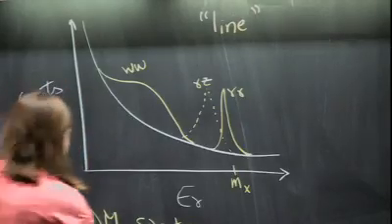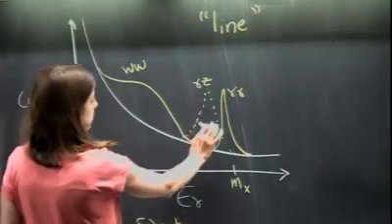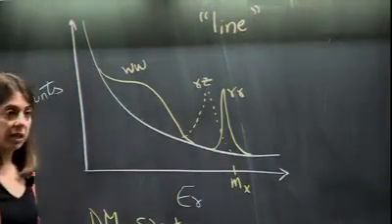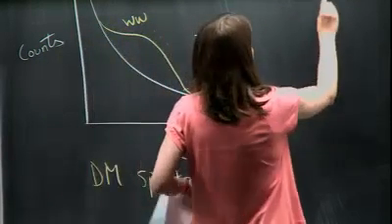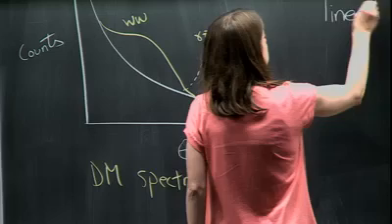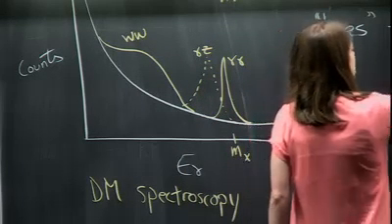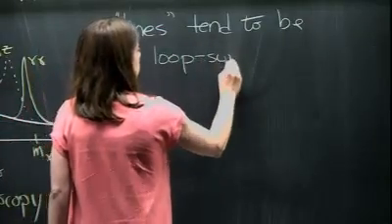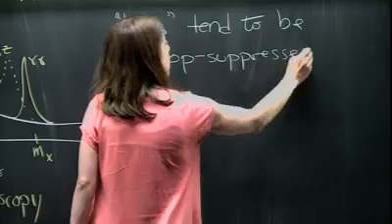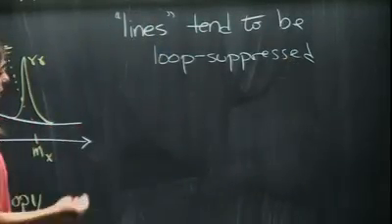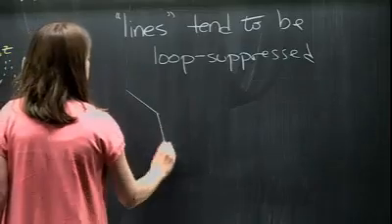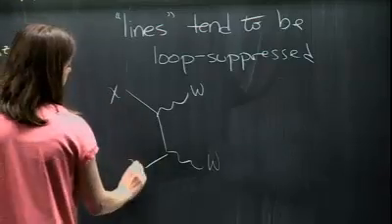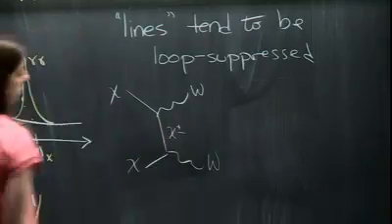One other thing I did want to mention is that while these annihilations to gamma gamma and gamma Z give you these lines and are really great in that respect, in general, the lines tend to be loop suppressed in many theories. So, for example, in SUSY type scenarios where you have neutralinos and charginos, you get WW annihilation at tree level from chi-chi with the chargino exchange.